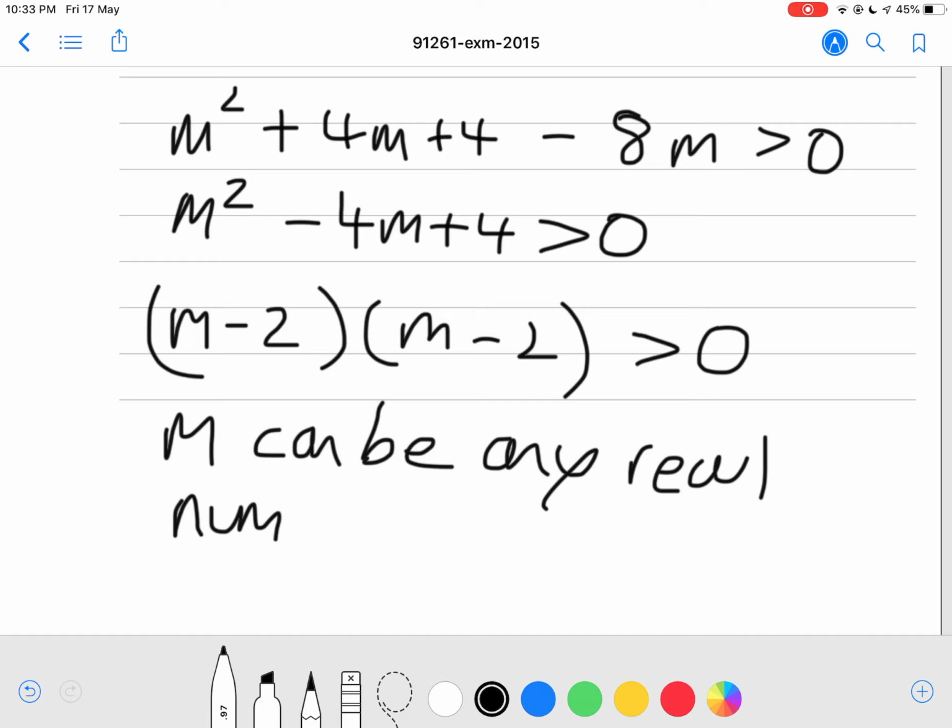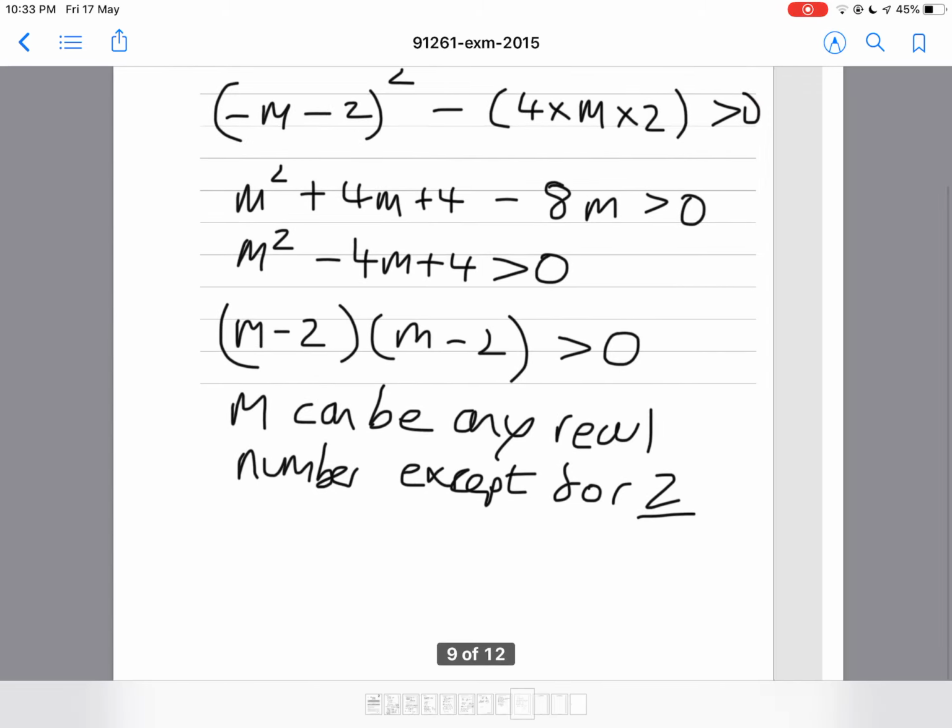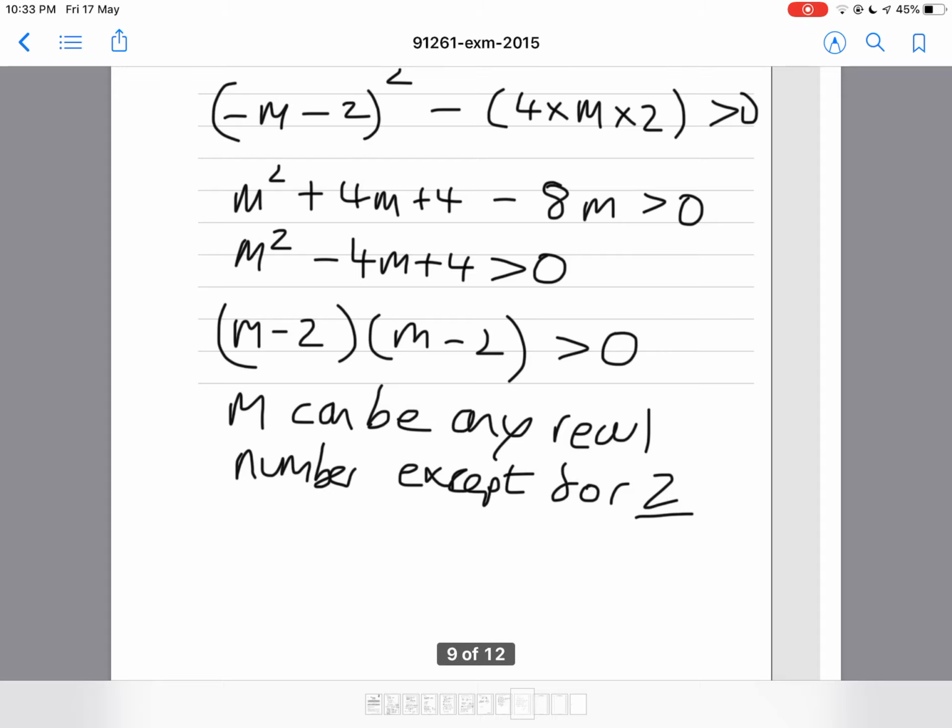So it can be any real number except for 2. That's the statement you have to make. Any number but 2 will work in this situation.